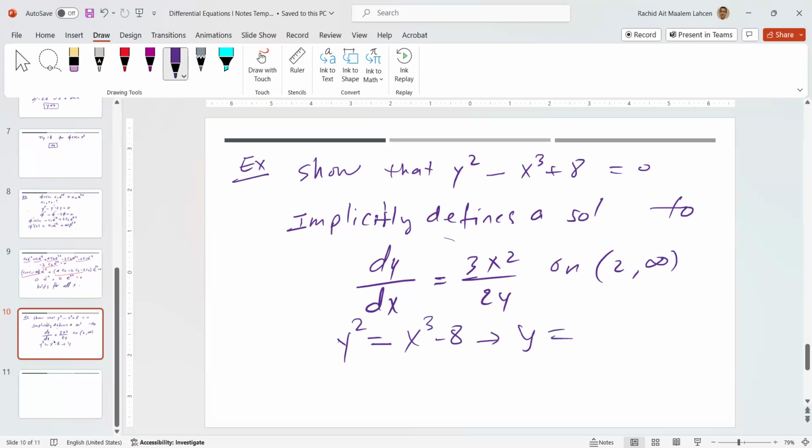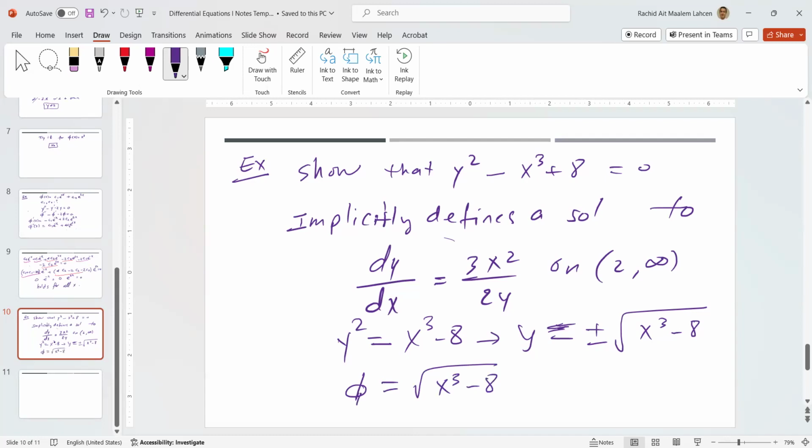That means when you go from y squared to y, you need to do plus or minus the square root of x cubed minus 8. So here we have 2 to try, but I think if we try 1, it's going to give the other. Let's call this function here, take the first one.